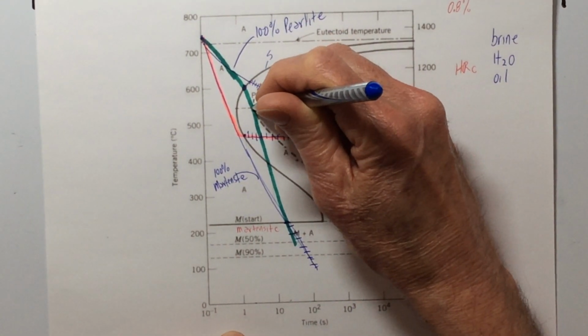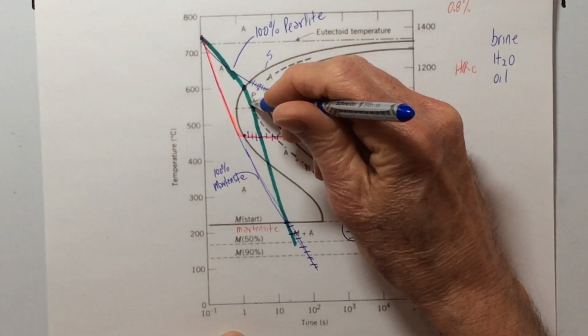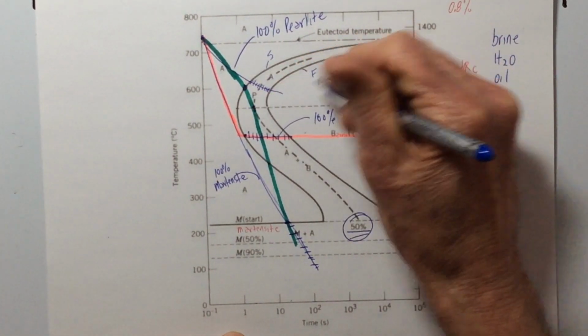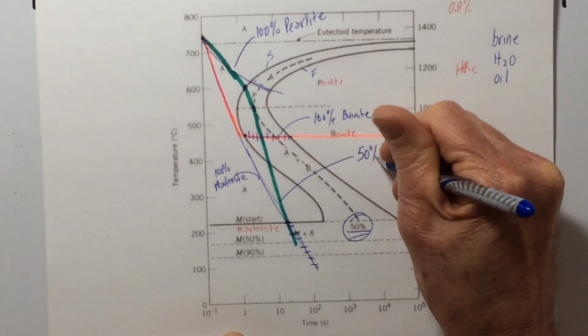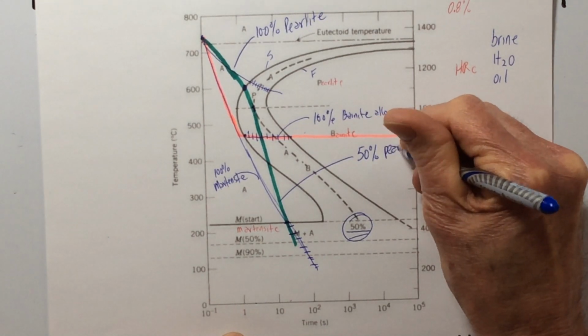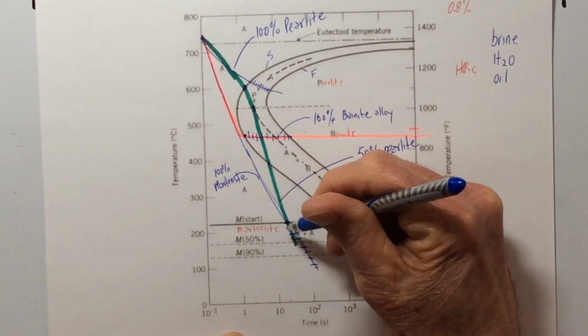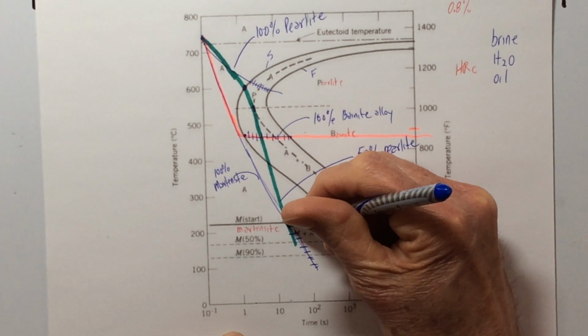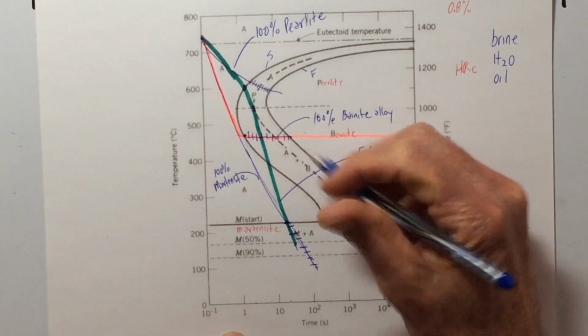So what this would represent would be an alloy. Its maximum content of perlite was at 50%. So this would be a 50% perlite, and the rest of it didn't go anything else except whatever was left over, that unstable austenite, would turn into martensite.